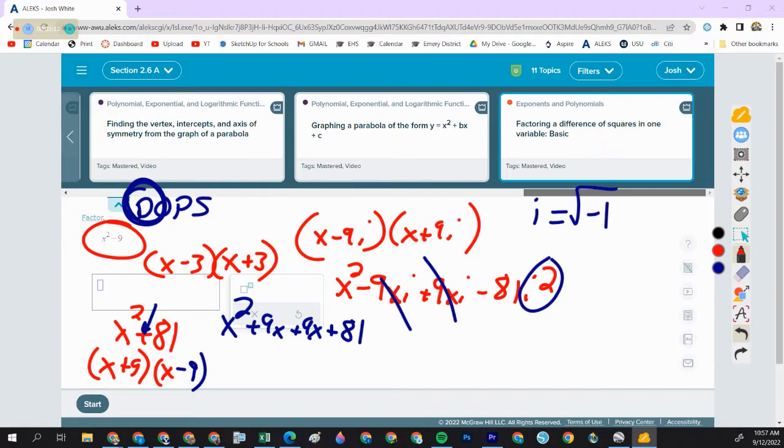So i squared is negative 1. So that negative 1 right here makes that a positive. So make sure when you're factoring, if you have a difference of perfect squares, you can factor into conjugates. But if it's not a subtraction, it won't work. At least not over the real number set. All right.